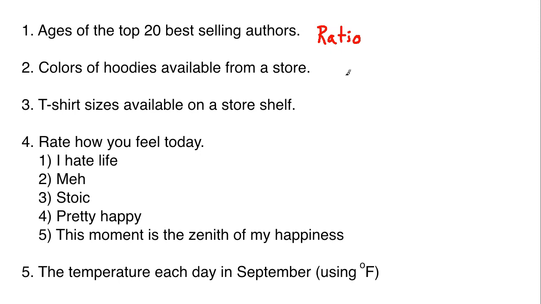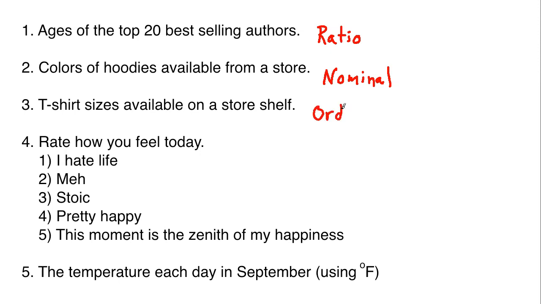Okay, the colors of hoodies available from a store. Hopefully everybody was able to realize that this is nominal. If I am simply looking at the colors associated with the hoodies, colors do not have any type of meaningful rank that I can put them in. T-shirt sizes available on a store shelf. This would be ordinal.